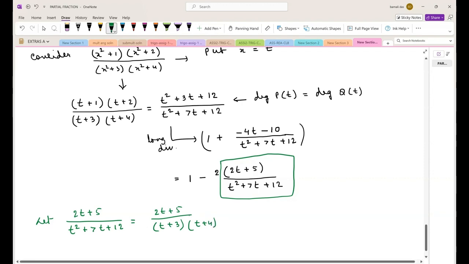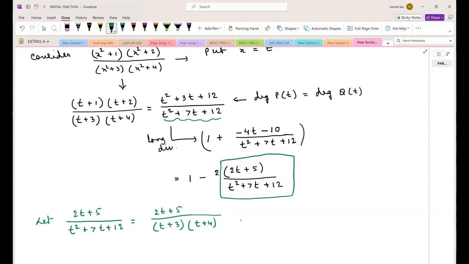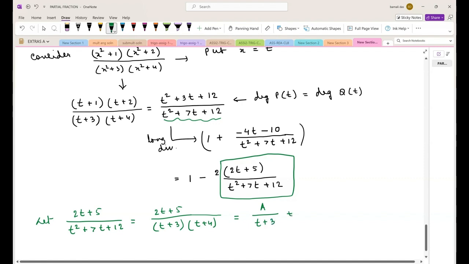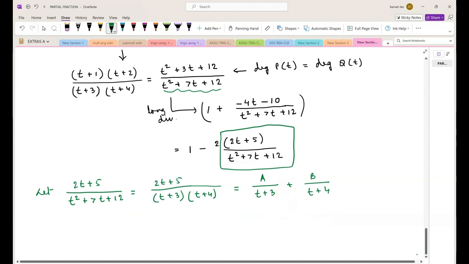We multiplied the factors to get this so that we can do the long division. Once the long division is done, we come back to the factor form because we need to see the linear factors and take the alphabets accordingly. That is a constant. So this is A by (t plus 3) plus B by (t plus 4). And then proceed as before to find the values of A and B.